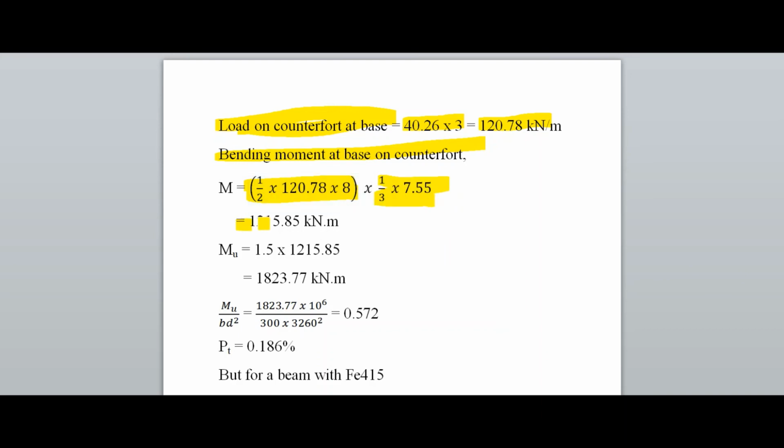So the moment is 1215.85 kilonewton meter, and we multiply by 1.5, so it becomes Mu. This is the factored moment. So we found the factored moment here.